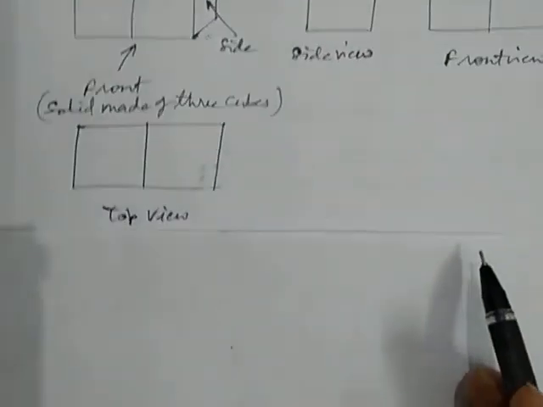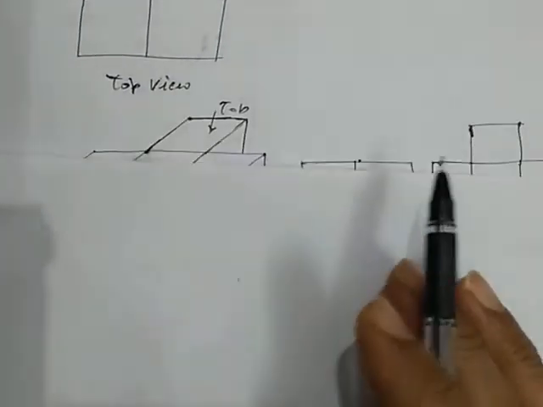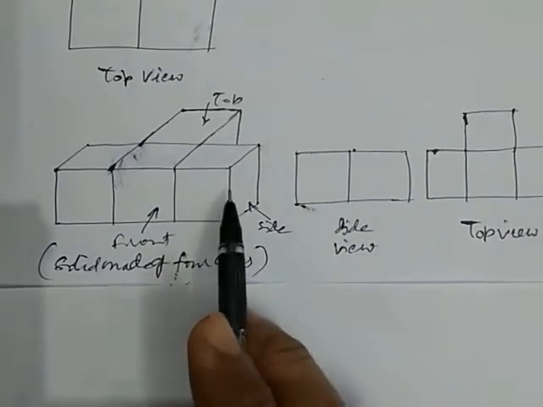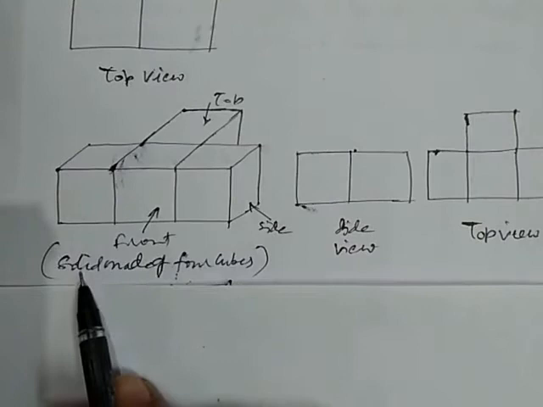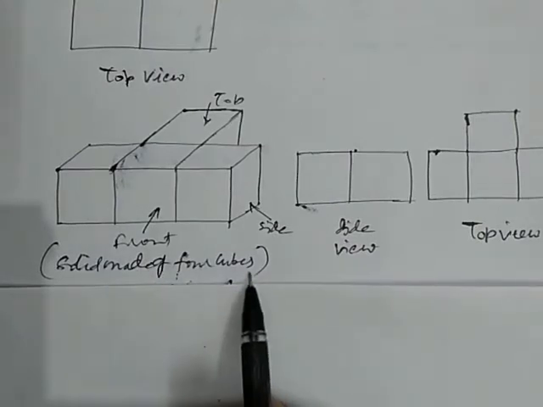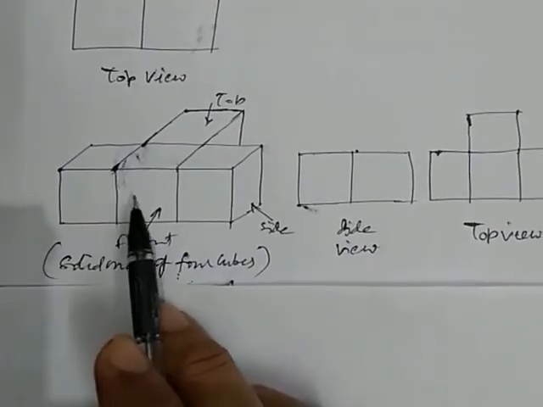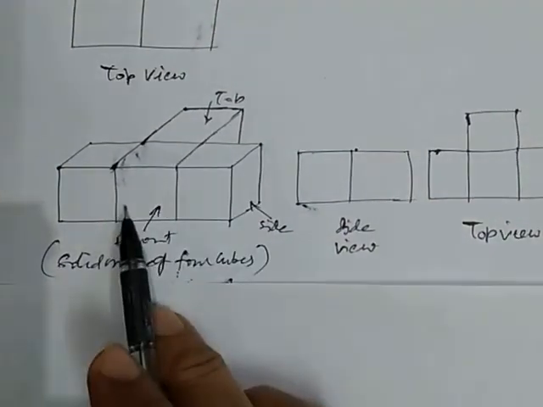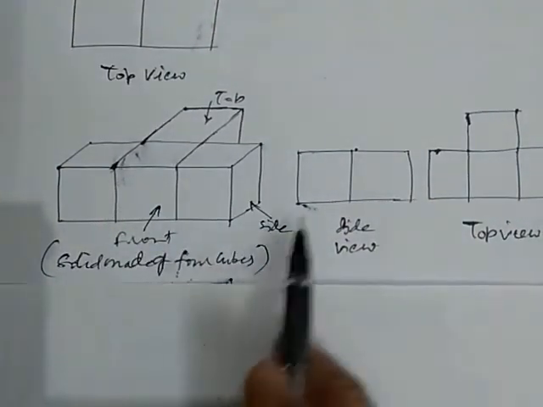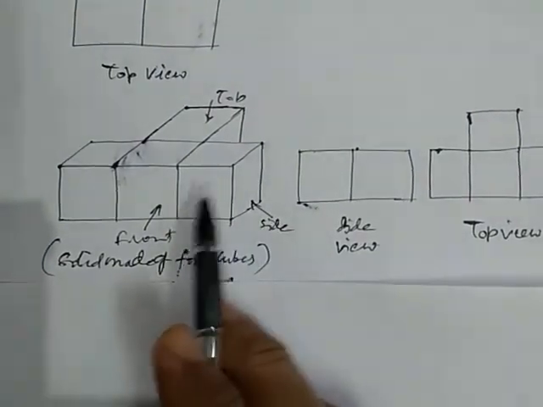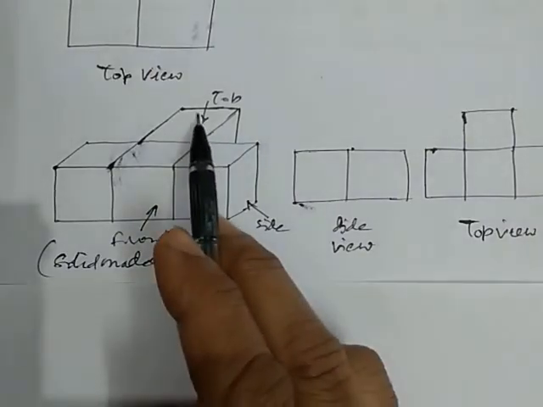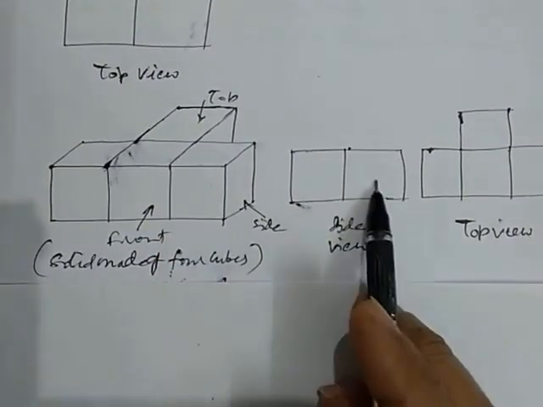Now we take another example. This is a solid made of 4 cubes. If we place 4 cubes, 1, 2, 3 and 4 like this, and view this from this side, then these 2 are hidden behind this, and only 2 cubes are seen.